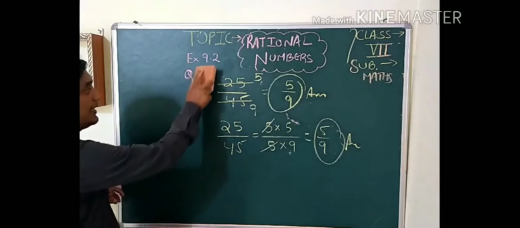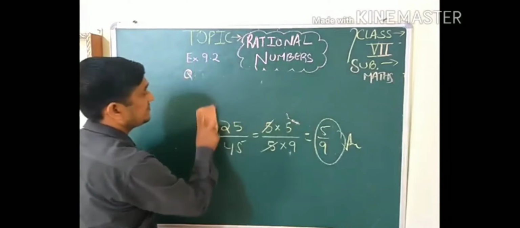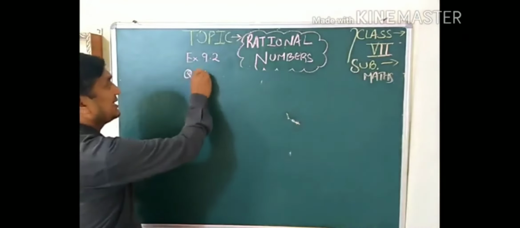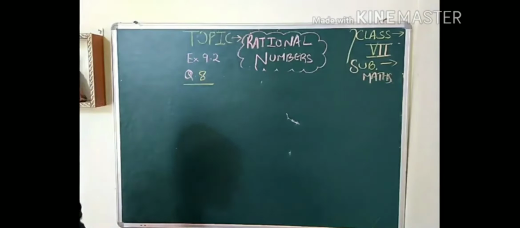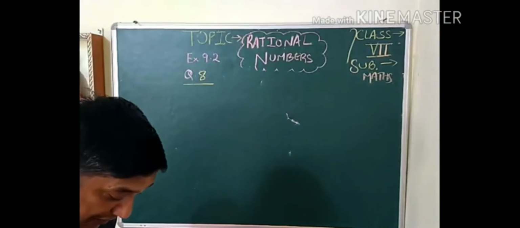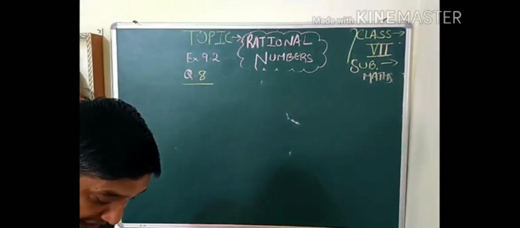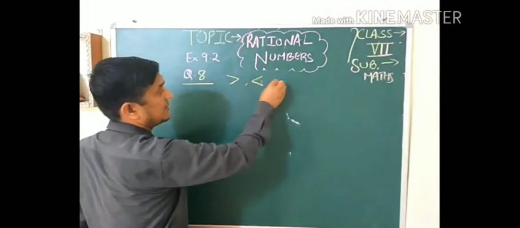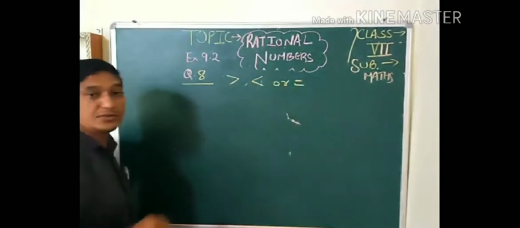Now question number 8. In question number 8, we have to fill in the boxes with the correct symbol: less than, greater than, or equals to.